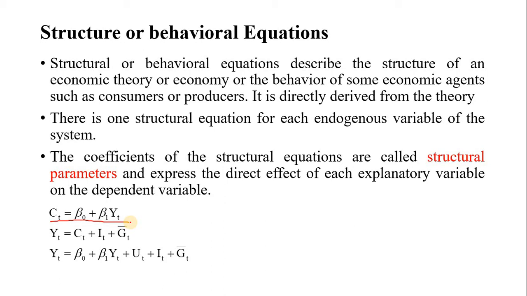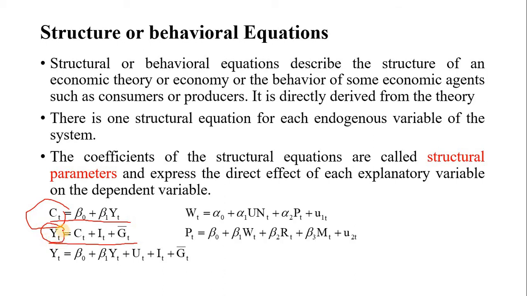This is one structural equation derived from a theory. This is the second structural equation: Yt is equal to Ct plus It plus Gt. So here we have two structural equations, one equation for Ct and one equation for Yt.